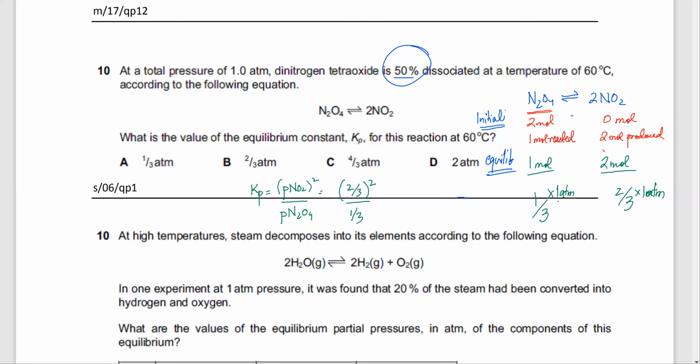And if you solve this, what would it be? 4 by 9 into 3, so it's going to be C. Yes, it's coming out to be C.